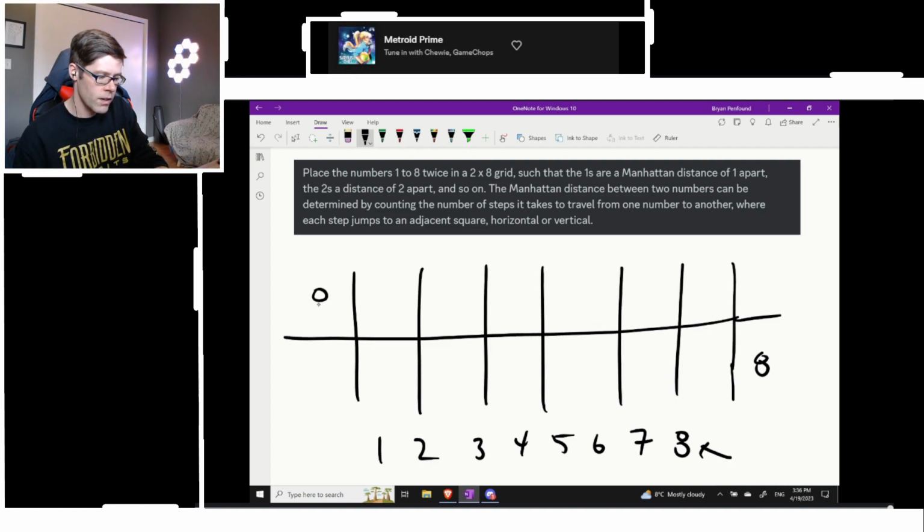One has to be up top, one has to be at the bottom. It's either this or we swap them, right? So that should take care of number 8.